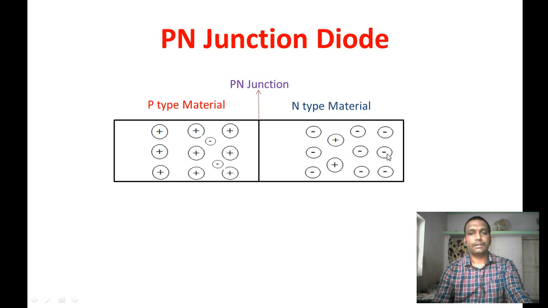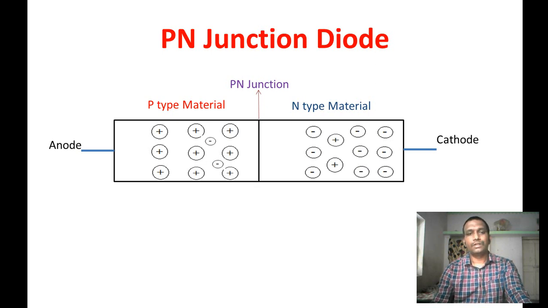There are 2 electrodes. One is the anode, which is connected to the p-type material, and the other is the cathode, which is connected to the n-type material. This is the basic construction of the p-n junction diode.